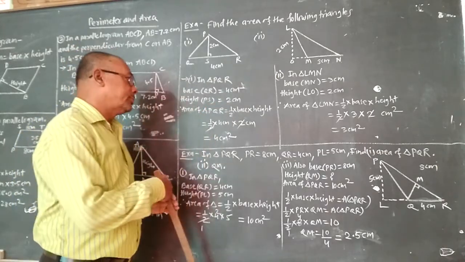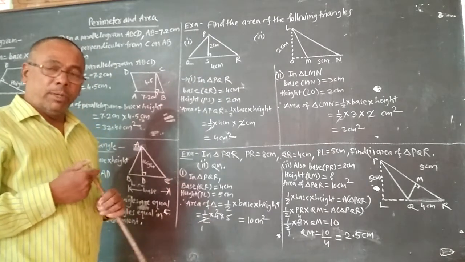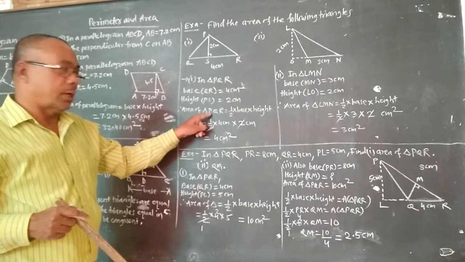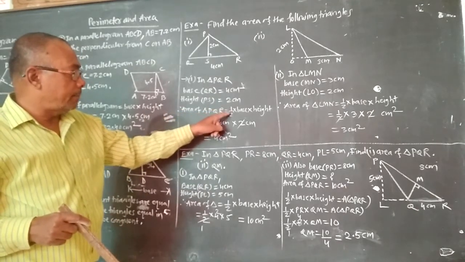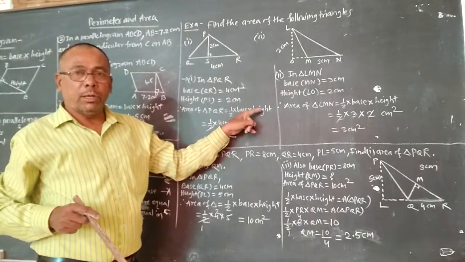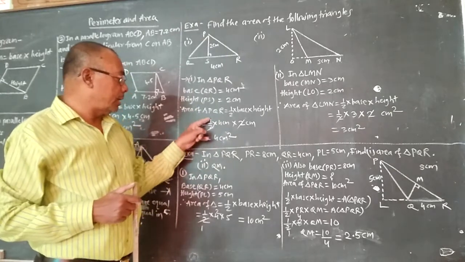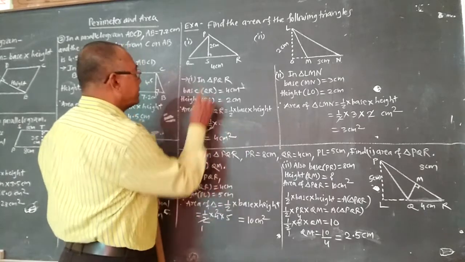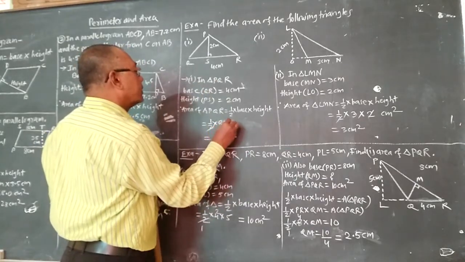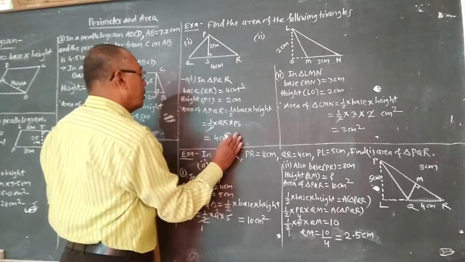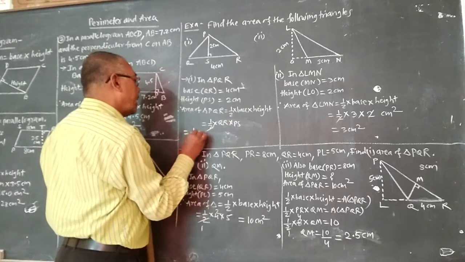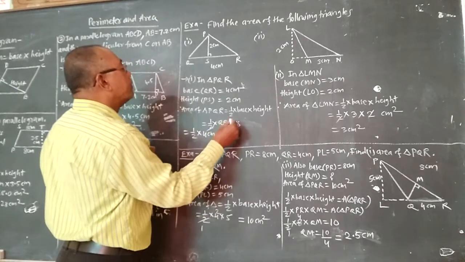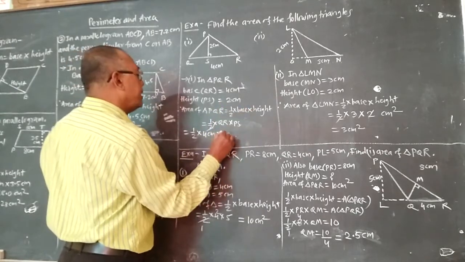Now I have substituted these values in the formula of the area of the triangle, that is, area of triangle PQR is equal to 1/2 into base into height, that is 1/2 into base QR into height PS, or 1/2 into QR, which is 4 centimeter, into PS, the height, which is 2 centimeter.